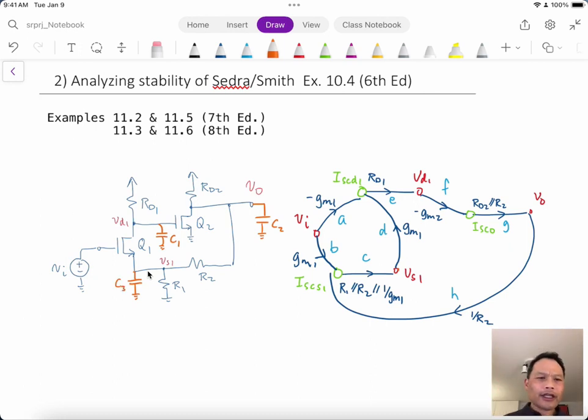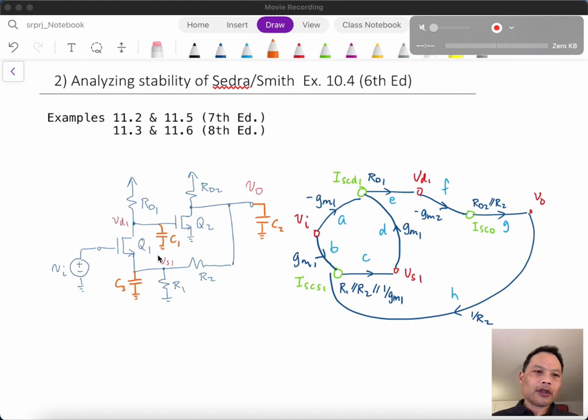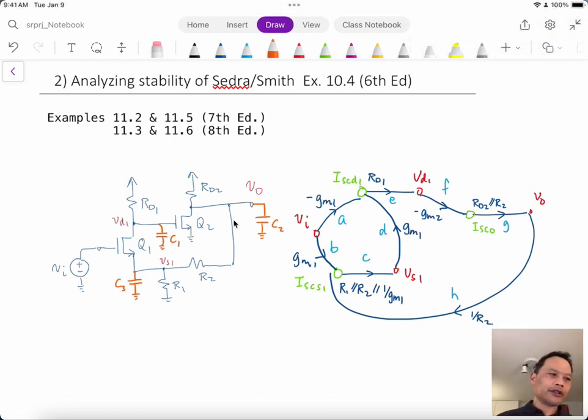Each of these capacitors will result in some delay, and as we increase the delay, the feedback starts to have trouble and we run into stability problems. So we want to analyze the stability, and the key, as you've studied in control systems and maybe the circuits courses, is to understand the loop gain.